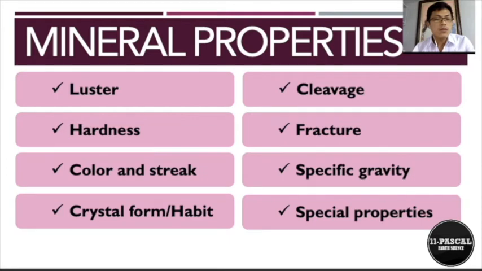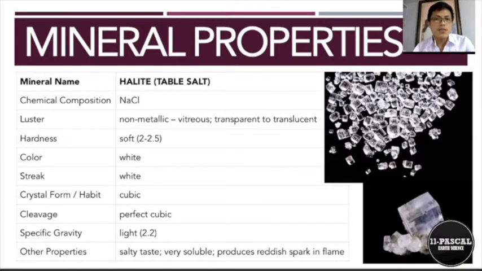Before we delve deeper into each of these properties, let's have an overview first. Looking at a particular chemical composition or substance, such as table salt, we know that the chemical composition of table salt, which belongs to the group halite, is sodium chloride.